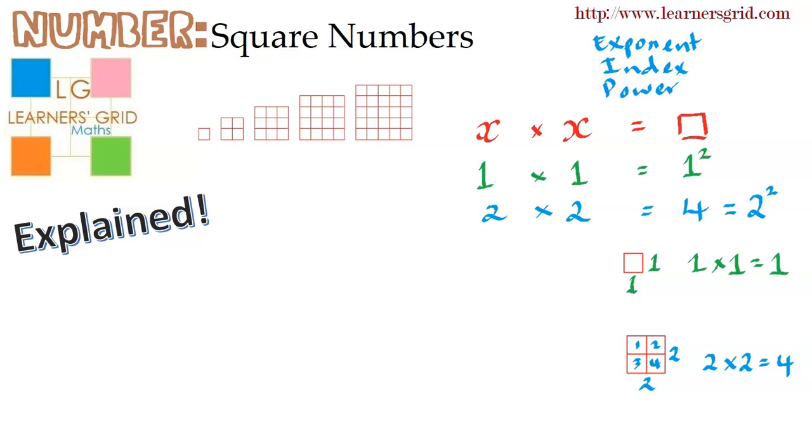Okay, so we're always going to be using to the power of 2, or an exponent of 2, or an index of 2. So that means I can now adjust my first explanation, because now I understand that when we're talking about square numbers, 1 times 1 equals 1, which is the same as saying 1 squared, which is 1 times 1.